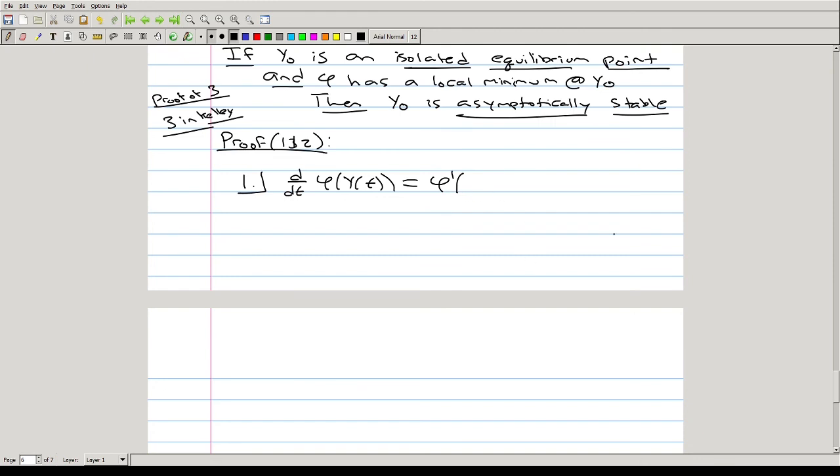But according to our previous assumptions for the solution y of t, we can do this. This is going to be phi prime, the derivative of phi with respect to y, times y prime. And based on the definition of phi prime, this is the same thing as negative f of y of t.